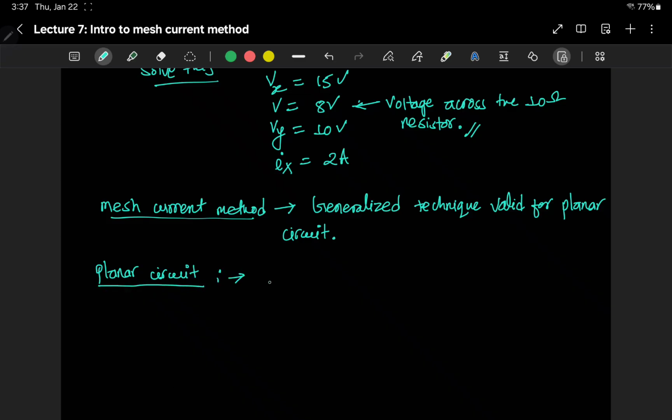So basically this is a circuit where no elements cross each other.